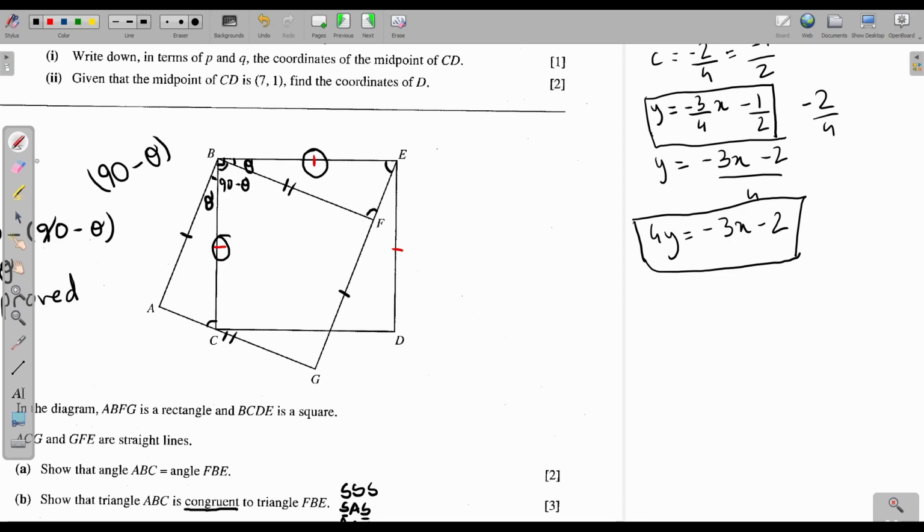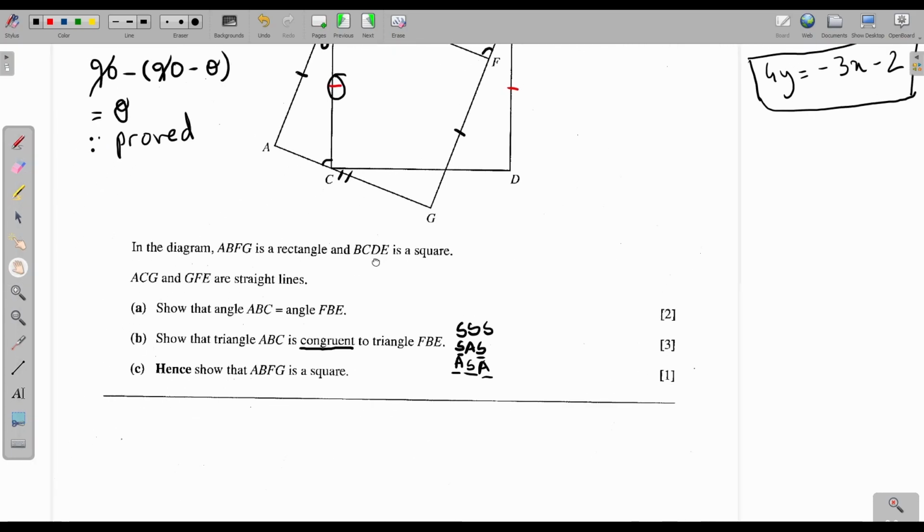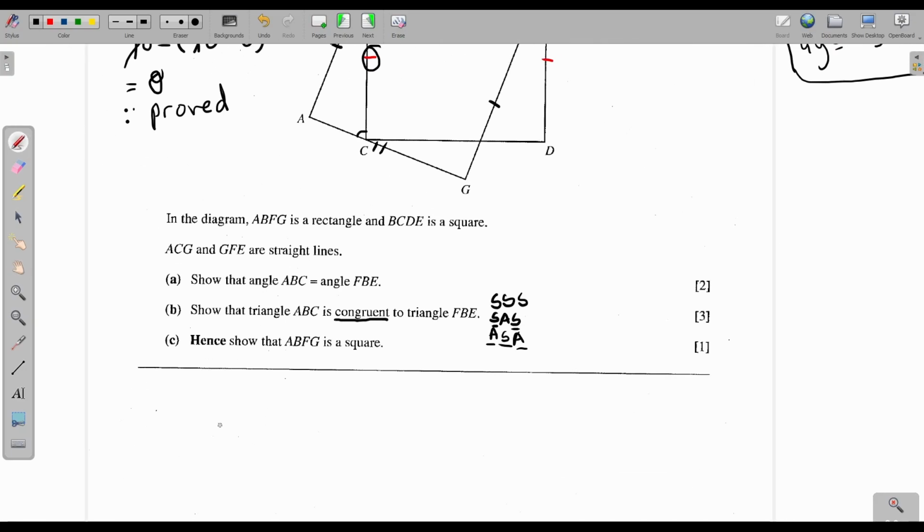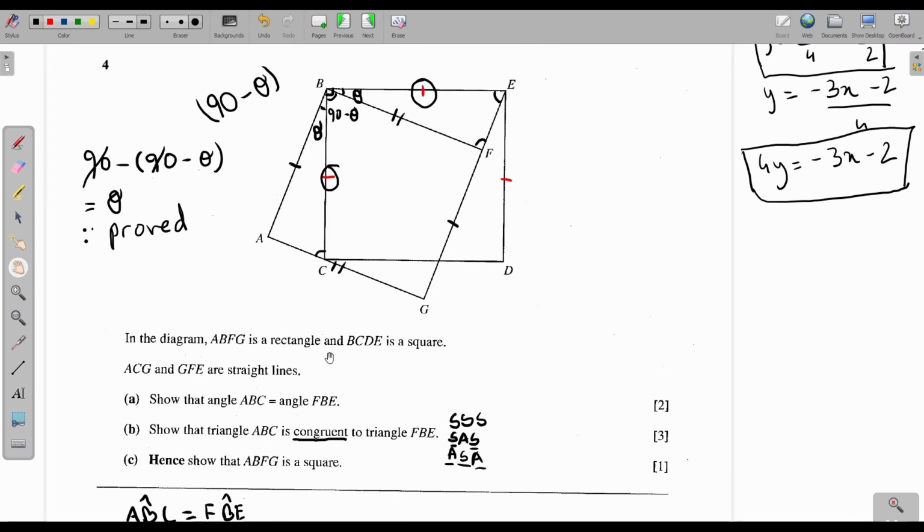So we already know that angle ABC is equal to angle FBE. So we have the first angle, which is the same. Then we also know that BC, which is a side, is equal to BE.